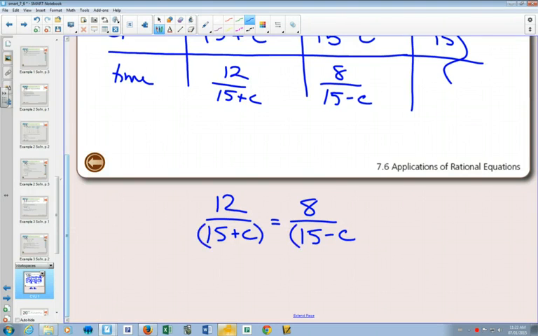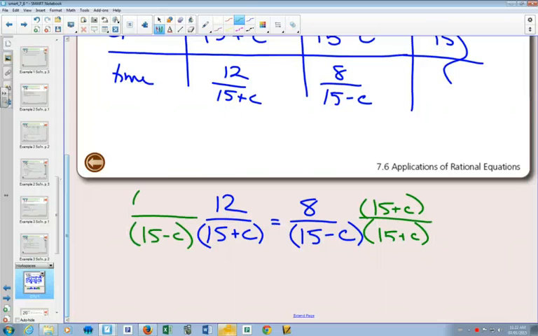These would be grouped together. It appears that you guys like the common denominator strategy. In this case, now when you multiply both sides by 15 minus C, 15 plus C, those would cancel out.